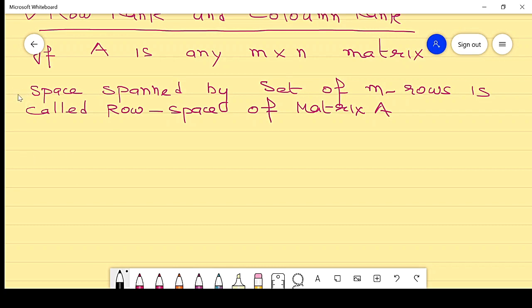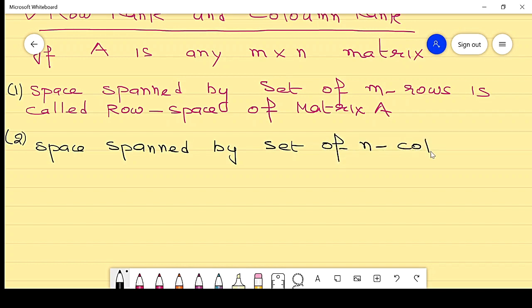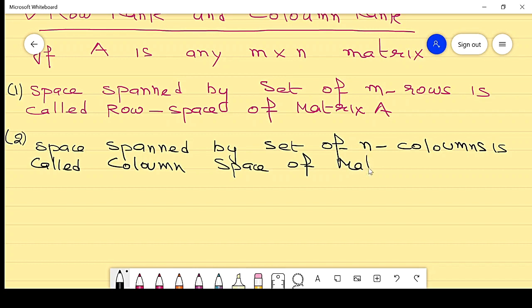Similarly, this is the first part, this is the second part. The space spanned by the set of n columns is called the column space of matrix A, right?